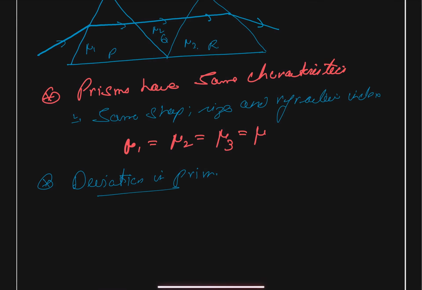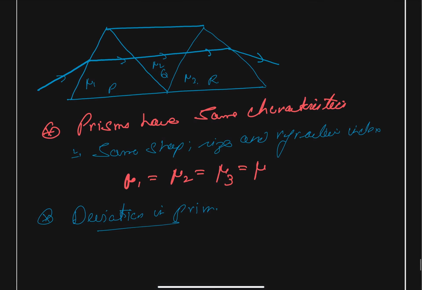Now here, internally all the refractive indexes are the same, so the ray will be traveling in a straight line.